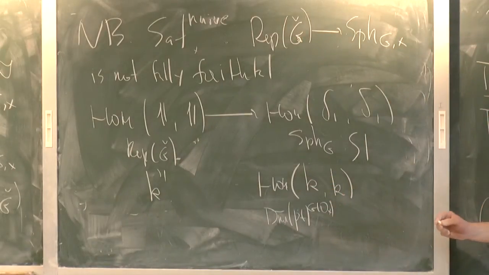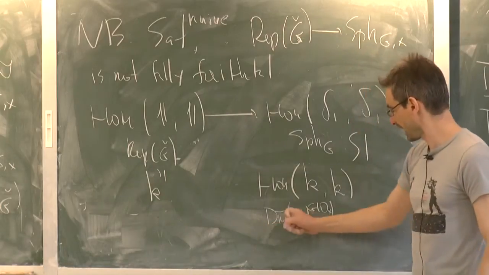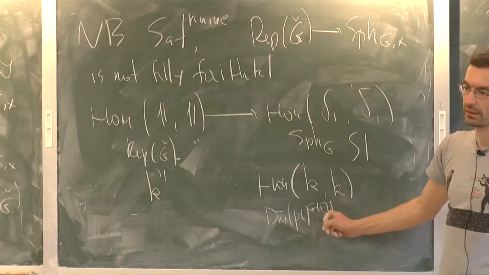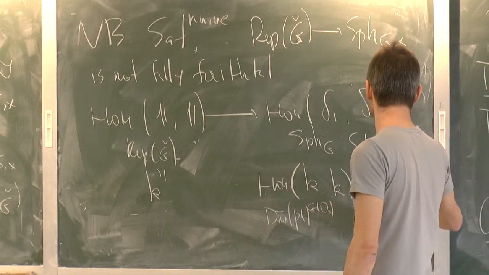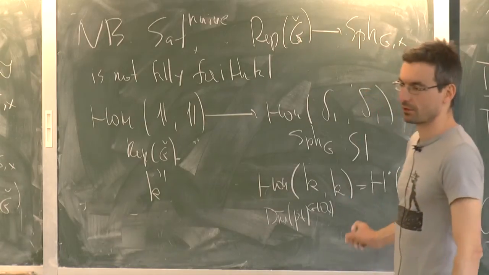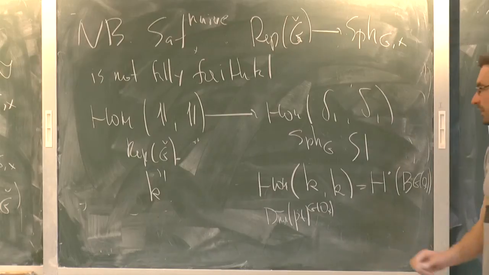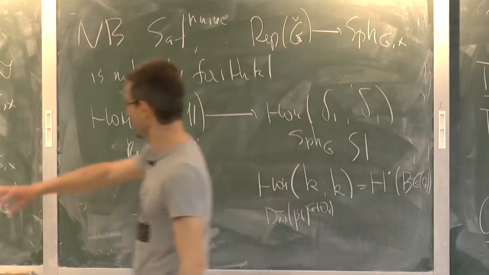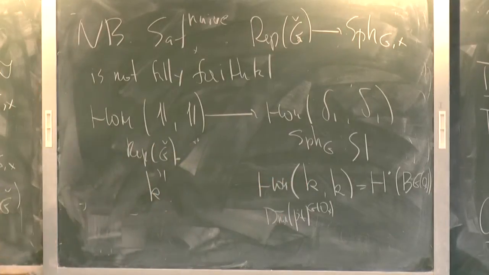It's supported on the origin of the affine Grassmannian. So I'm considering X in this equivariant derived category, and this is otherwise known as the cohomology of BG_O. And it's not at all just the field. So that's the failure. If you want to correct it, you need to correct the left-hand side to have all these X. So that's why it's called Satake naive.